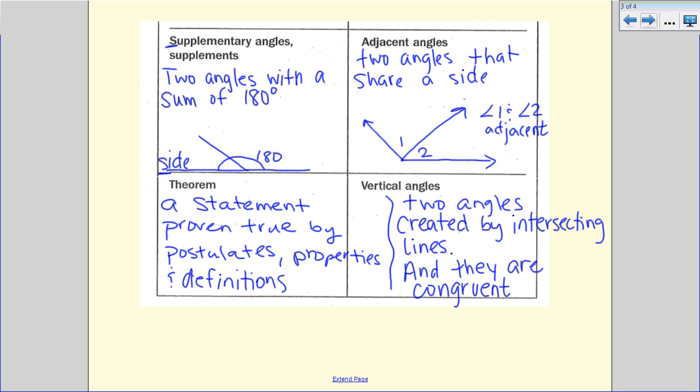And so what that means is we intersect two lines, the two green lines, and we have angle 1, 2, 3, 4. If I go around clockwise, we say the measure of angle 1 is congruent to the measure of angle 3. They make these two distinct V's. Alright? We would then say that the measure of angle 2 is congruent to the measure of angle 4.